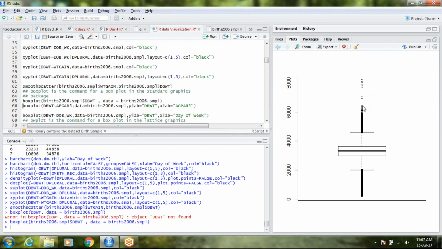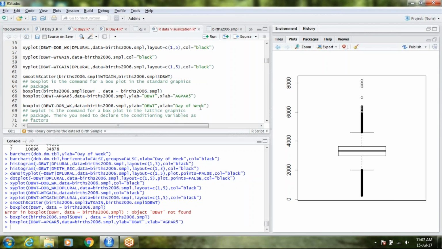Some child is born with 8 kilos, some is born with 6 kgs. These are quite rare things to have. So yeah, as expected, these are quite high numbers, and these are my outliers. And also a child born with less than 2 kgs is quite rare to have. Let's see with one another associated level.